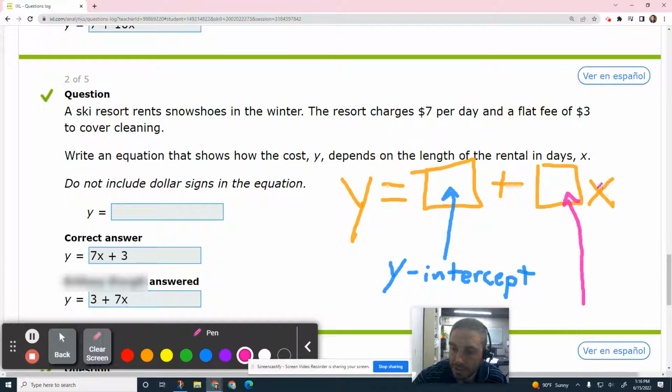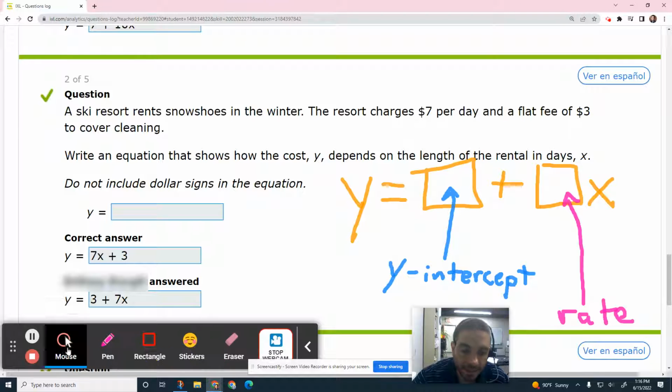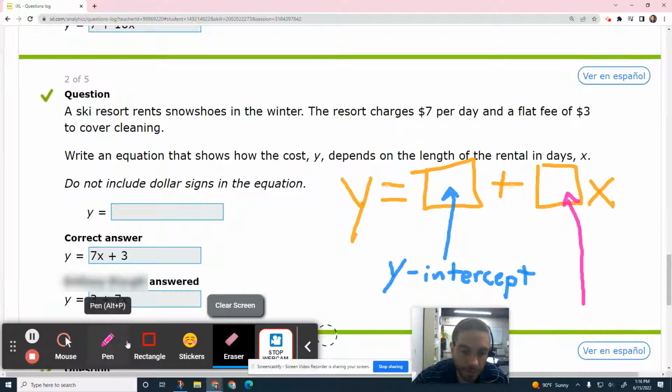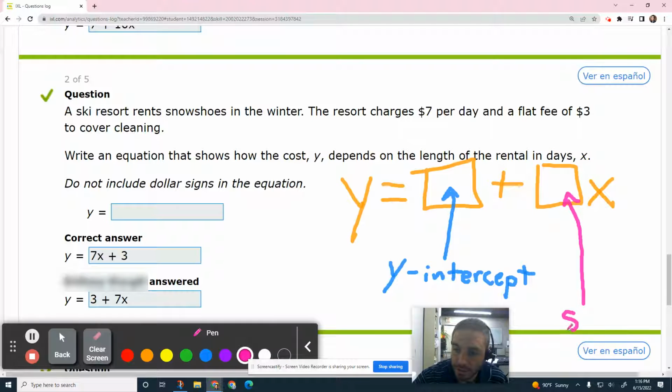Also, the number that's multiplied to x, the rate, is sometimes also called the rate of change. In textbooks, online, the traditional name for that number is slope, which is, again, another word that I really don't like because it's not very descriptive.